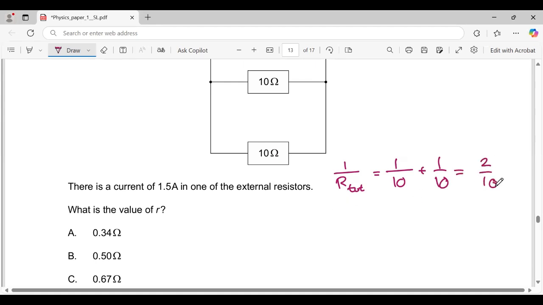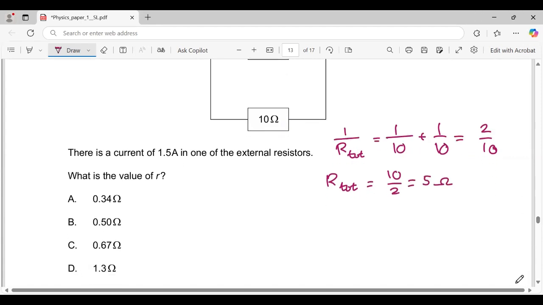So the total resistance equals 10 divided by 2 equals 5 ohms. This is the total resistance. And after that, the total current equals 1.5 plus 1.5, 3 amps.